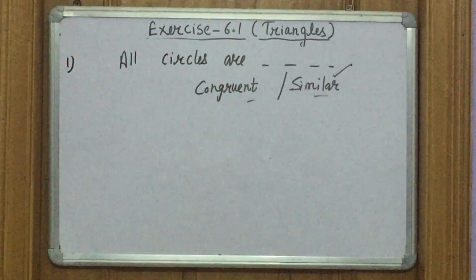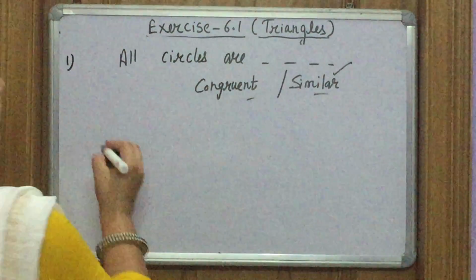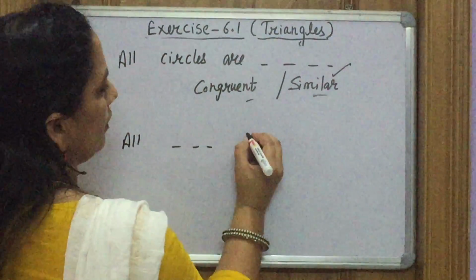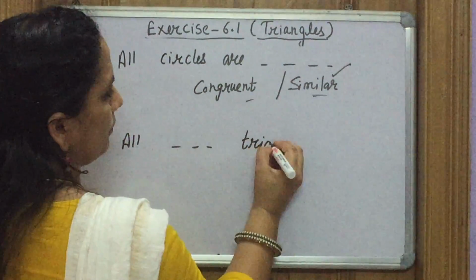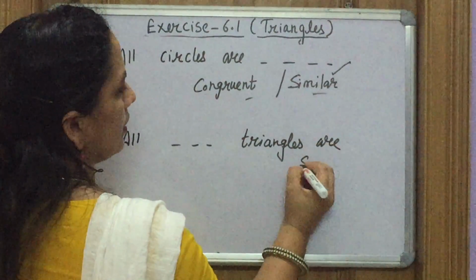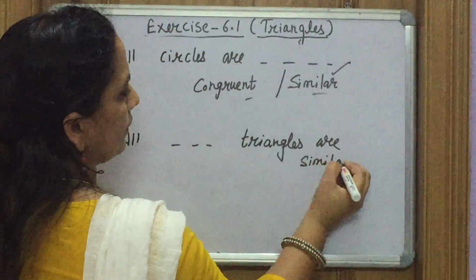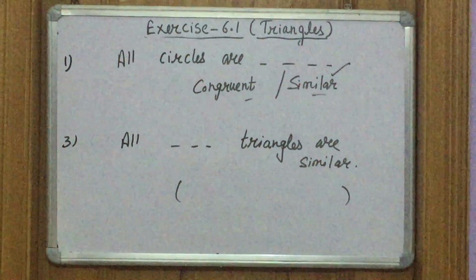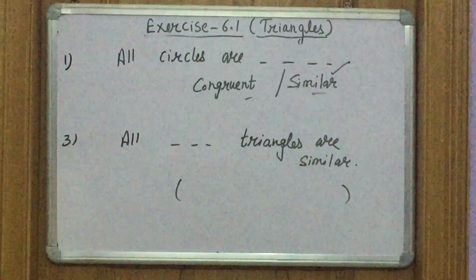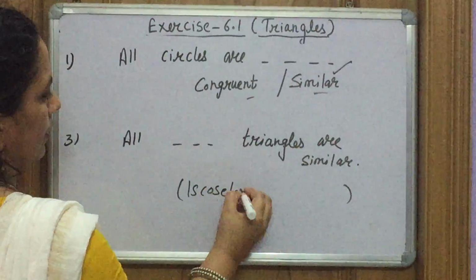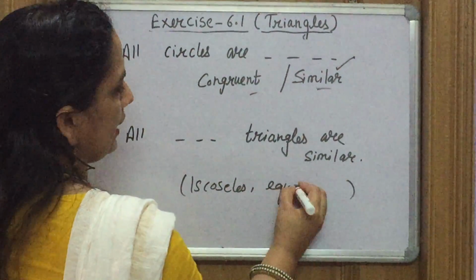Third is, all dash triangles are similar. Two types of triangles are given in brackets. The first one is isosceles and the second one is equilateral.